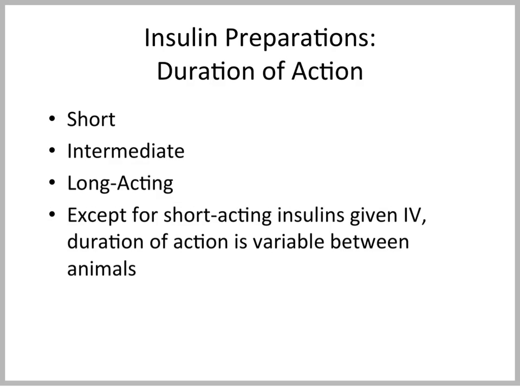The insulin preparations can be distinguished based on their duration of action. So we have short-acting, intermediate-acting, and long-acting preparations. Except for the short-acting insulin preparations, which can be given intravenously and therefore have a much more predictable action time, the duration of action of the other insulins is variable between animals.